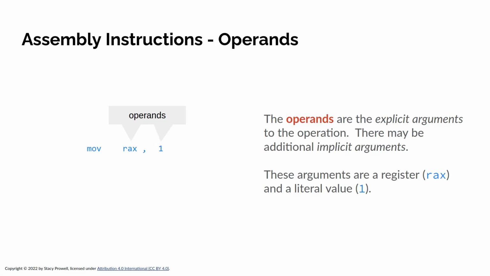Operands is the term that we use for explicit arguments that are given right after the mnemonic. And here there are two. There's a register, RAX, and there's a literal value, in this case, 1. Here we have two explicit arguments, but there can be implicit arguments as well.